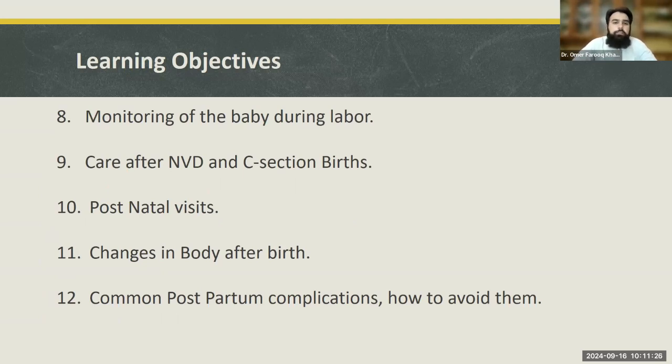So NVD or SVD are normal vaginal delivery or spontaneous vaginal delivery. And C-section is a cesarean section, the surgery which is performed in case a woman cannot deliver a baby normally, and it is routinely called C-section all around the world.